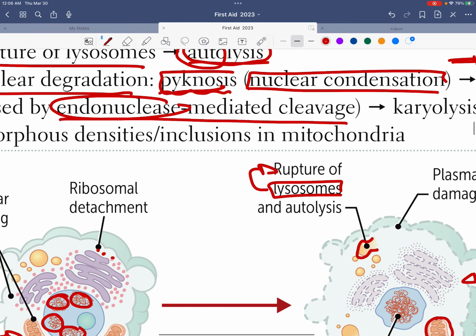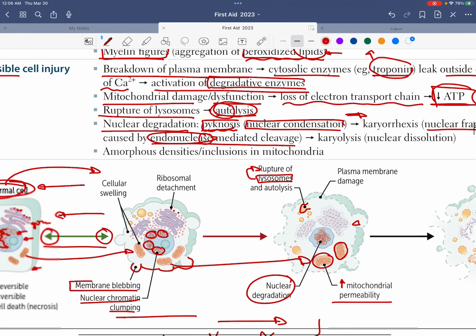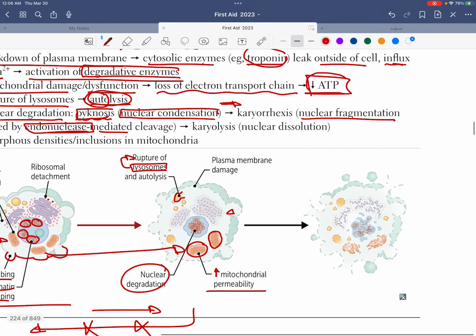Everything that ends with ASE is basically an enzyme, and these enzymes usually degrade. So the degradation mediated by the endonucleases is going to lead to nuclear fragmentation.